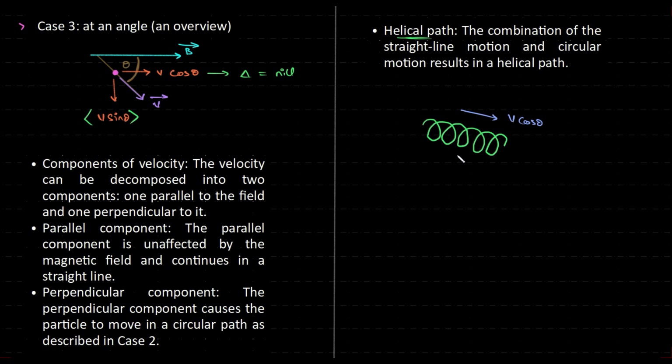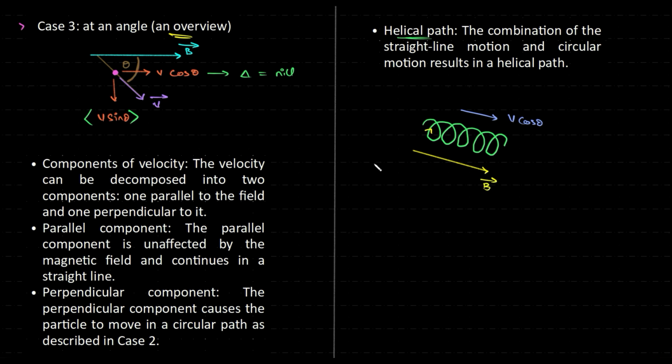So at the end of it, this is our motion for case 3. It's pretty good. We're going to study everything in detail, but this is just an overview. Let me make it a bit more clear. This is how it's rotating, provided this is our direction of magnetic field as well.